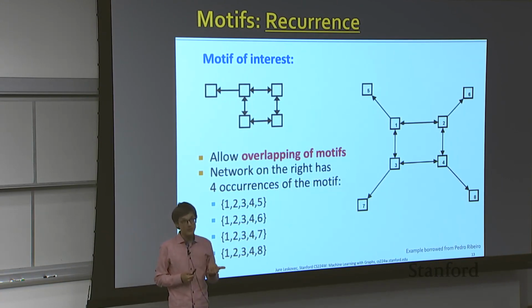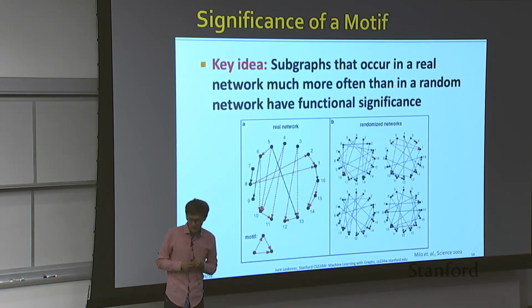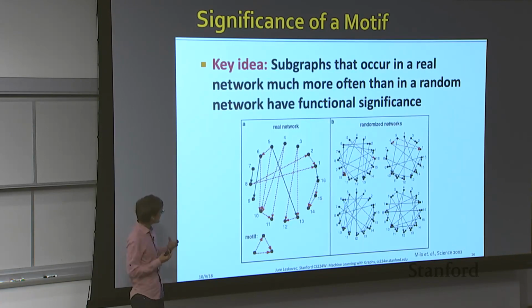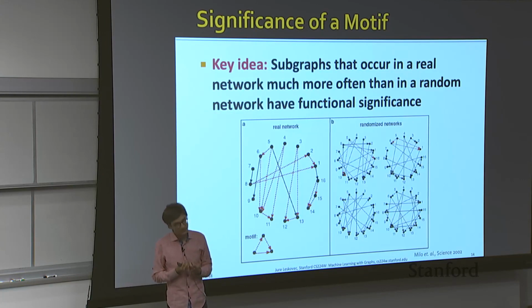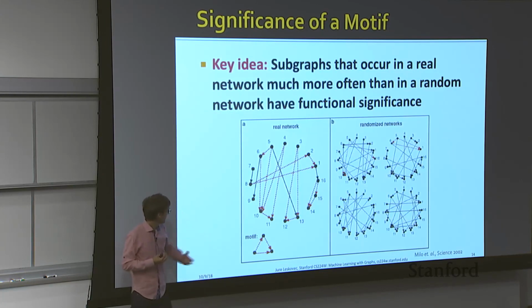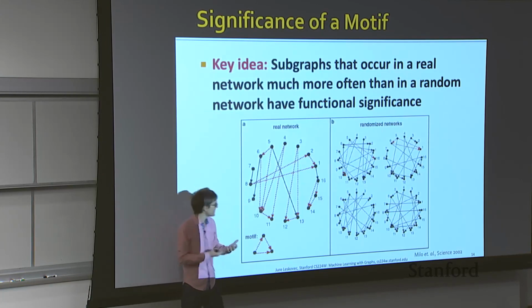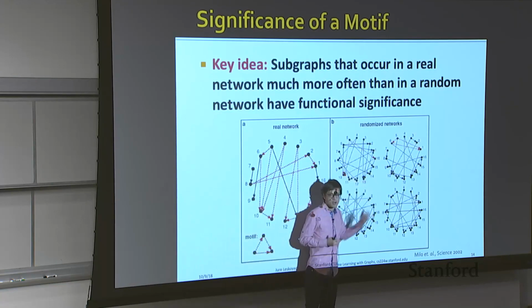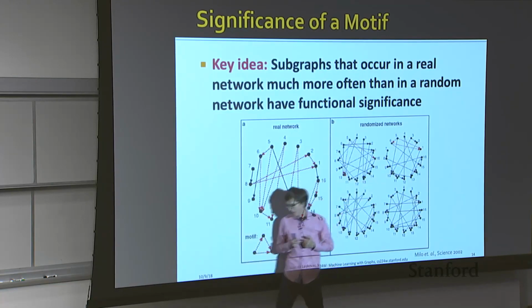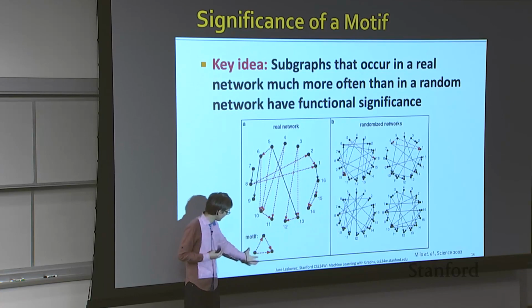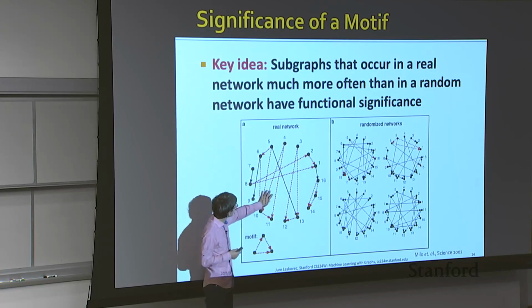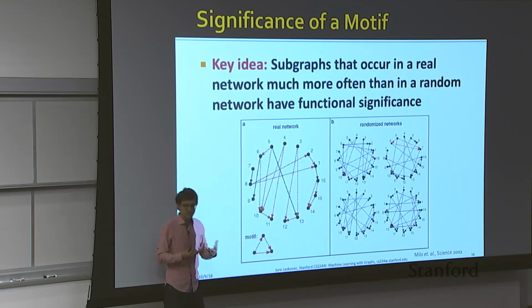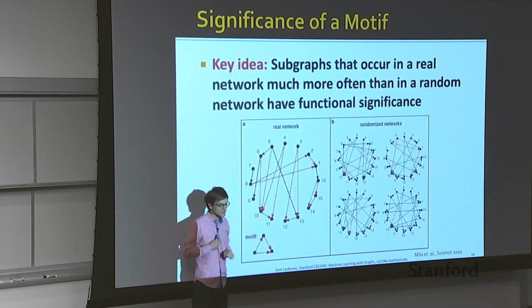And when we think about significance, here is how we think about it. The key idea is to compare the frequency, the number of occurrences of a given motif of interest in our network, versus in some kind of random realizations of the network, right? So if this is my real graph and this is my motif of interest, the feed-forward loop, here with red edges, all the instances of that feed-forward loop are illustrated.